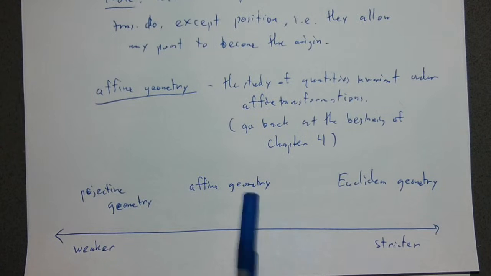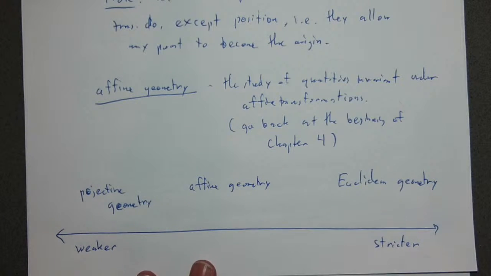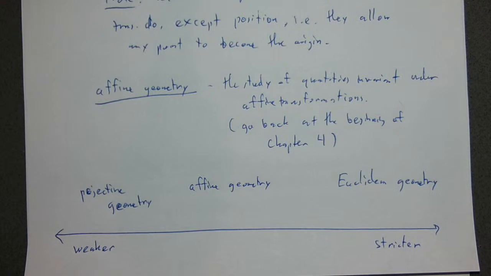So affine geometry is not as strict as Euclidean geometry, but it's stricter than projective geometry. Euclidean geometry is the strictest of these. It has the most rigid structure as a result of the isometries of R2 being the transformation groups we're talking about.